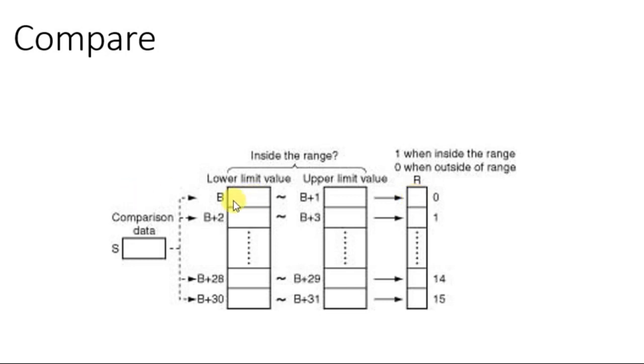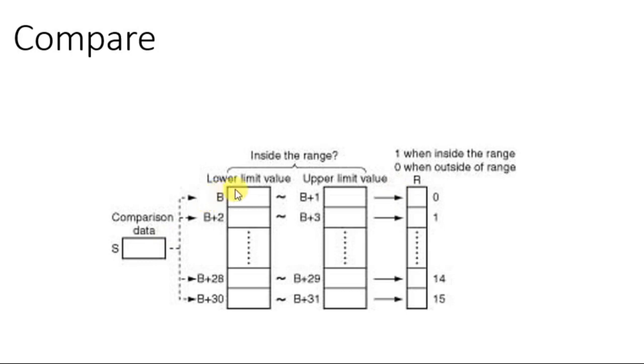Now let's imagine B is the address D200, and B plus 1, which is D201, has some value. So D200 carries some value and D201 has some value. If our source value is within this range, then it will return 1, else it will be 0.